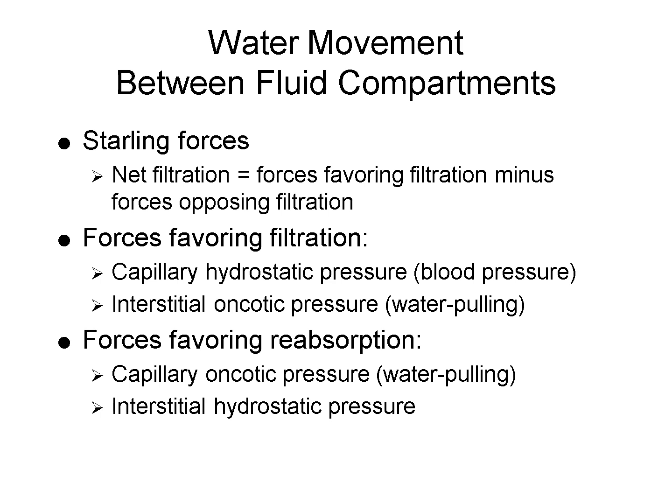On the other hand, forces that favor reabsorption include capillary oncotic pressure, where proteins pull water back into the capillaries, and interstitial hydrostatic pressure, which helps push water back into the vascular system.